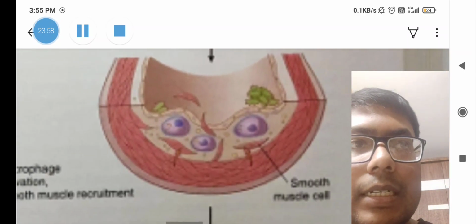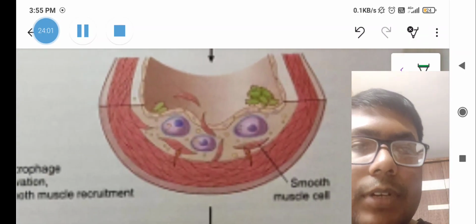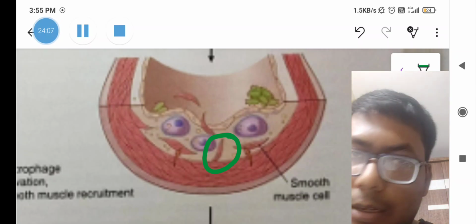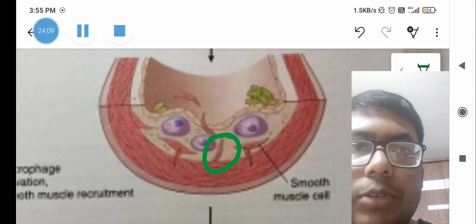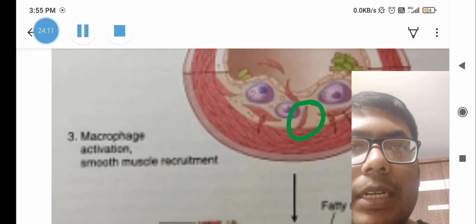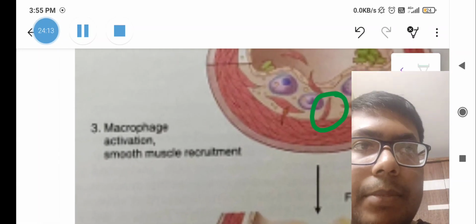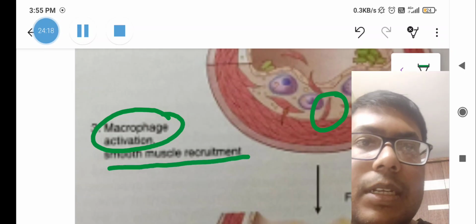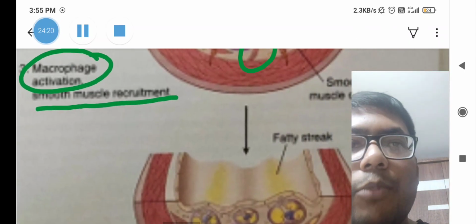After endothelial dysfunction, there is more proliferation of smooth muscle, and smooth muscle cells come to the tunica intima from the tunica media, with macrophage activation and smooth muscle recruitment. This is a very important part.